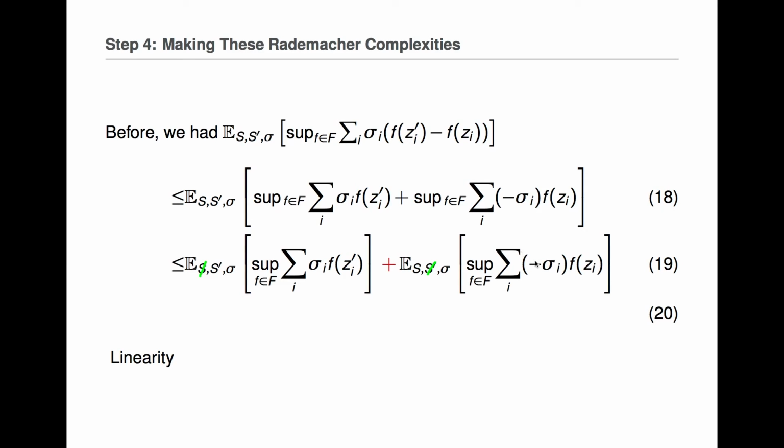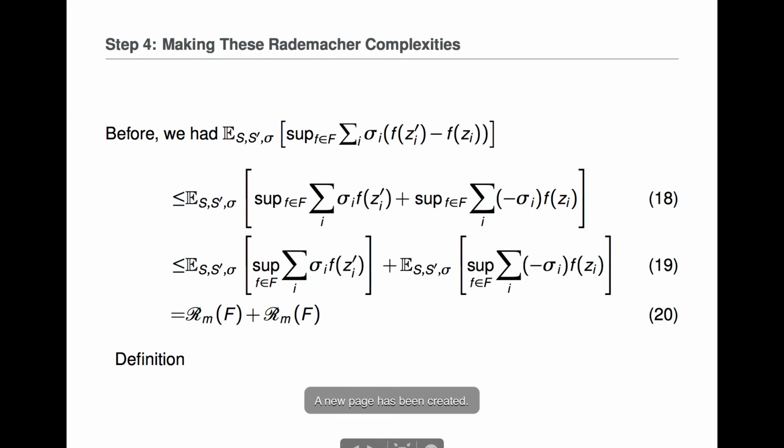We can also get rid of this minus sign because the sigmas are symmetric about 0 and random. So negative sigma I is exactly the same thing as sigma I, because sigma I is plus or minus 1 with probability 0.5. So given that, we now have two things that look exactly like our definition of Rademacher complexity over the same set, a set of size m drawn from our data distribution.